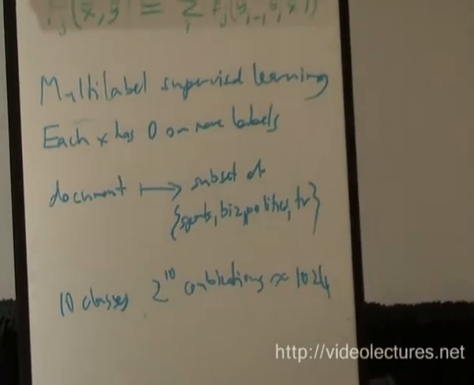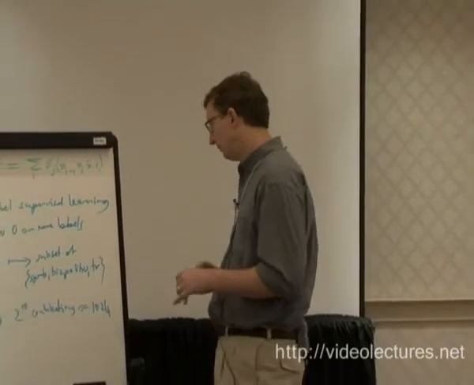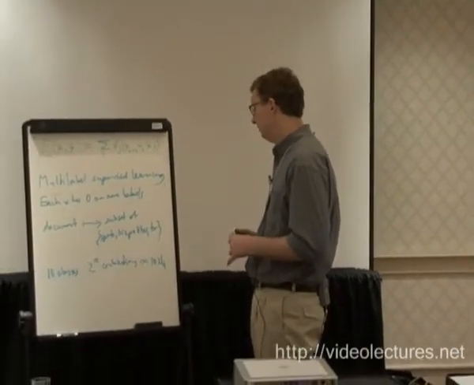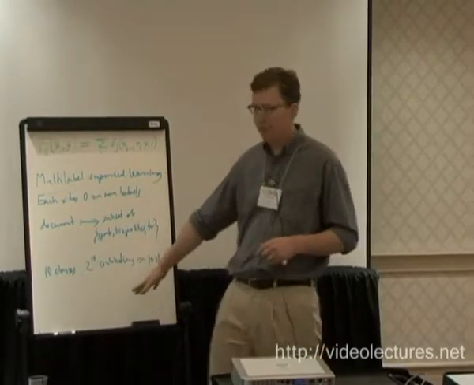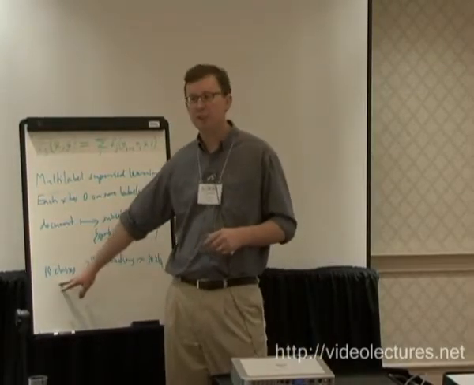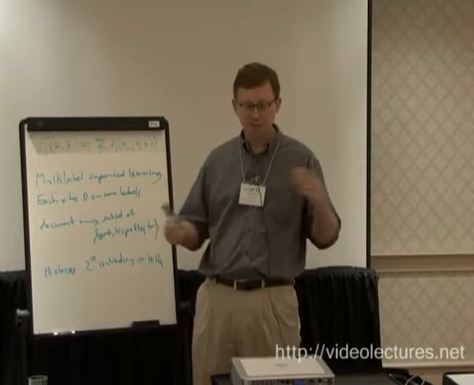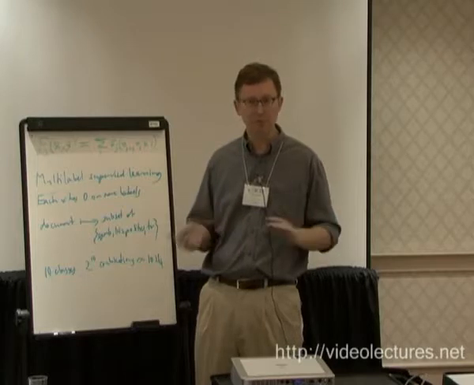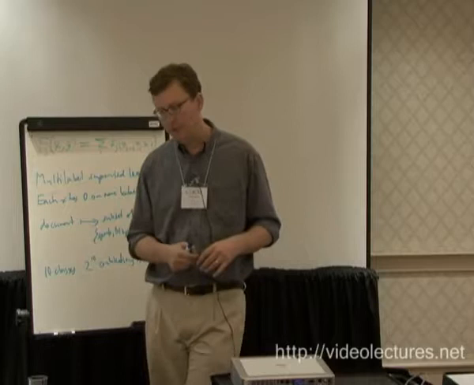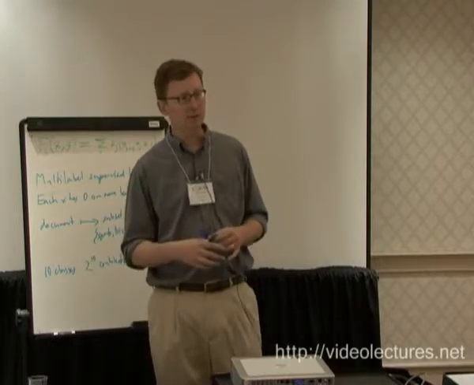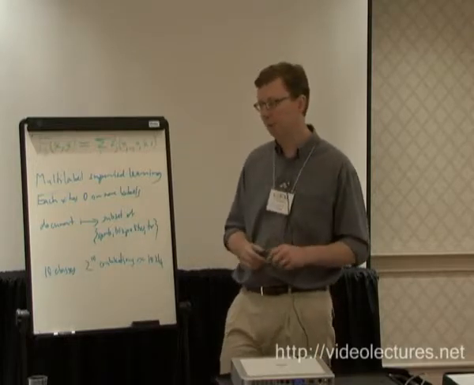So one way to attack this problem would be to build 10 separate binary classifiers, and then to just classify each document as sports or not sports, business or not business, and then to allow the document to belong to all the labels of the classifiers that said it belonged to that corresponding class.